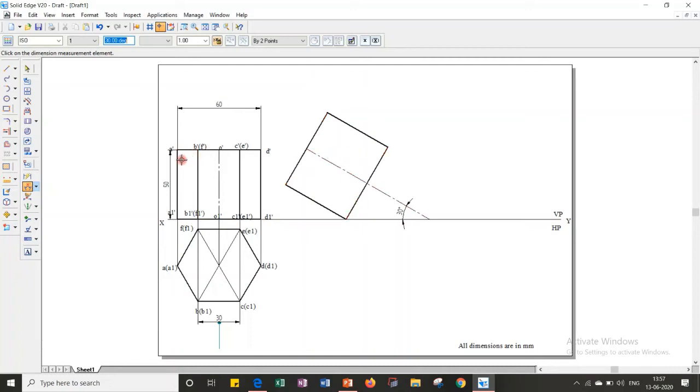For that you can measure this horizontal distance and locate the same point B here. This horizontal distance is 15.02 mm. Even this dimension is 14.98 mm.